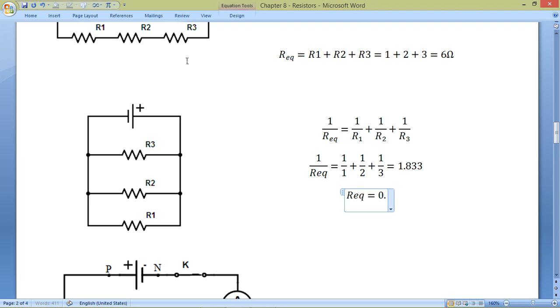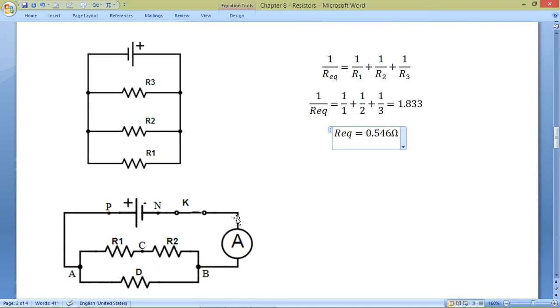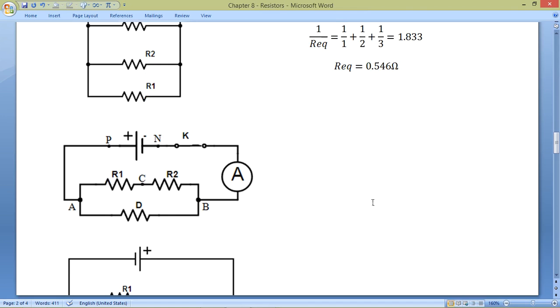So R equivalent equals 0.546 ohms. This is the equivalent resistance of these three resistors.